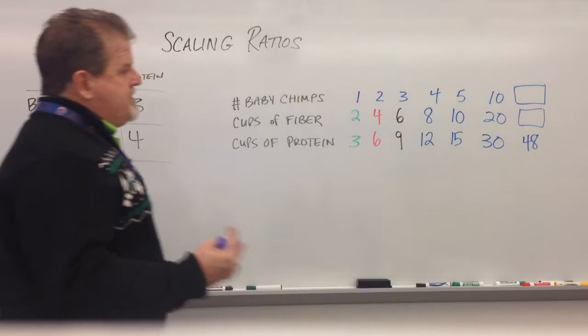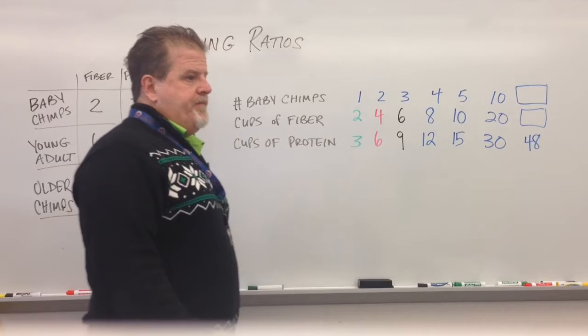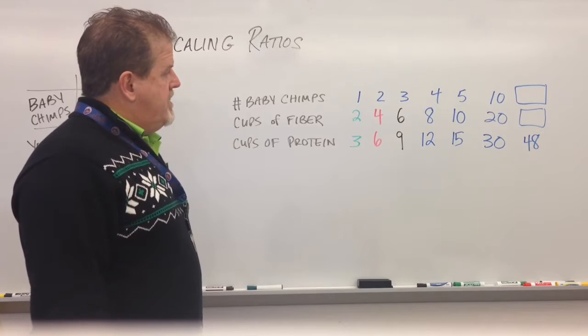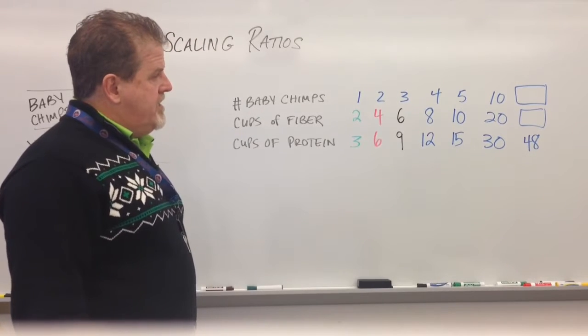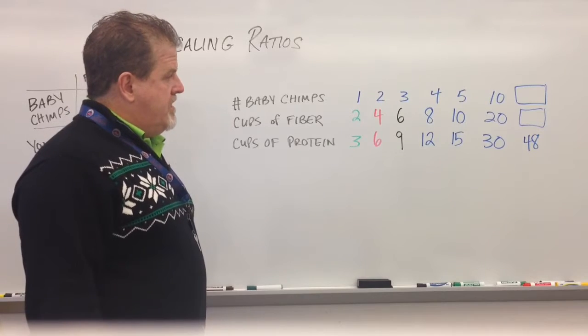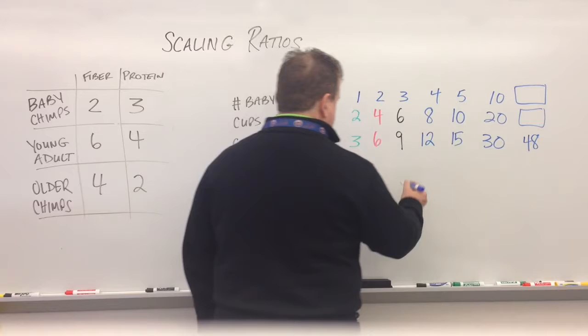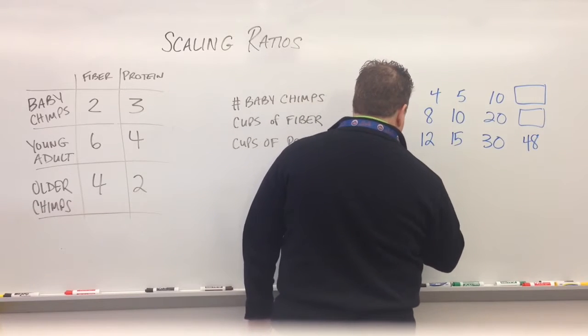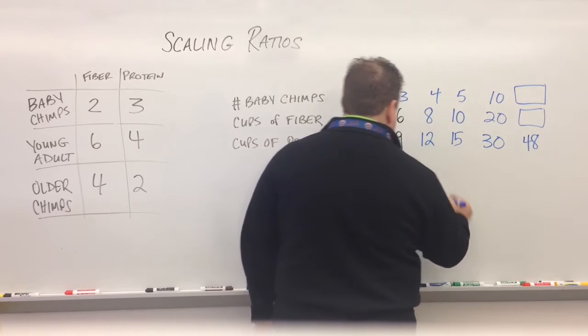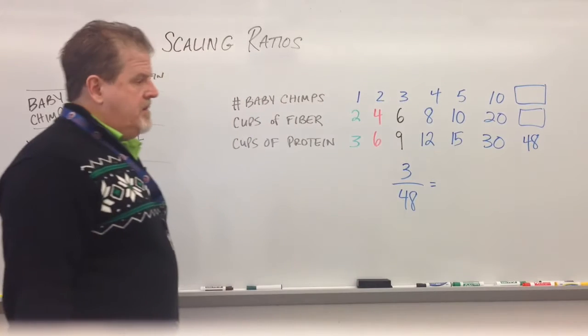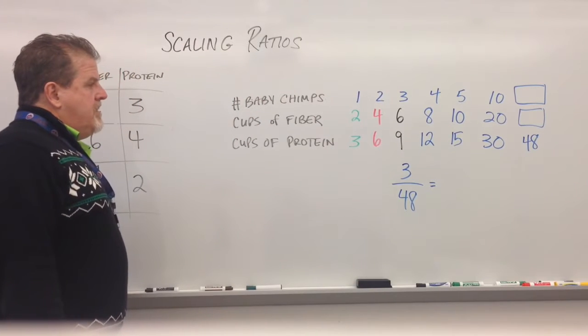Yeah, because you'd set it up. How would you set up a cross multiplication? You'd set up 48 over 3 or 3 over 48, whichever one. And distribute, 3 over 48 equals 2 over, and then blank, right?